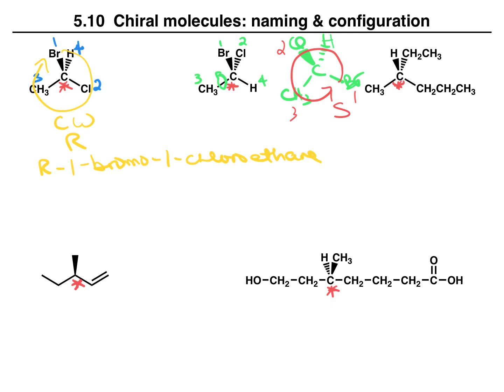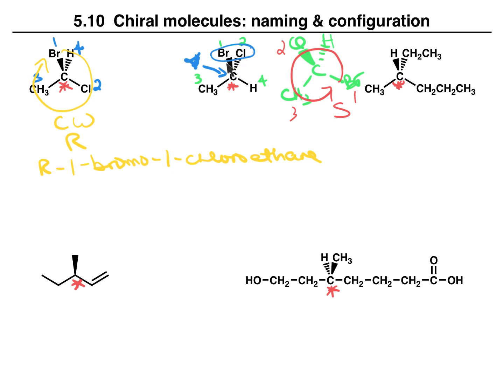Alternatively, instead of having to rewrite the molecule, you can just move your perspective. So imagine that you are looking down this bond. Remember what this means. The bromine is in front of the screen, the chlorine is behind the screen. If we are looking from here, that puts the hydrogen back behind, and the bromine is going to be to our right, the chlorine is going to be to our left.